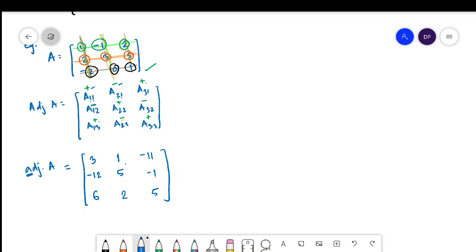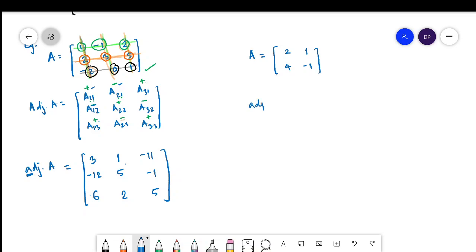Now, if you are given a 2 by 2 matrix, it is very simple. For example, a 2 by 2 matrix: 2, 1, 4, negative 1.